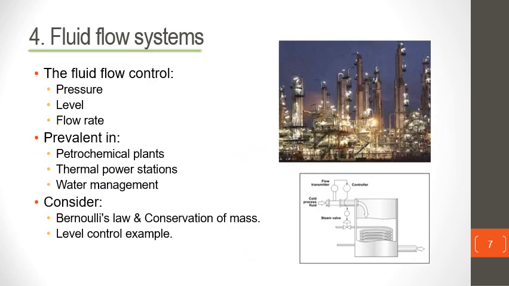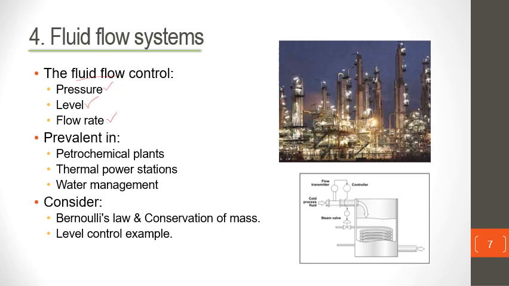If we look at the pendulum model, we will now turn our attention to fluid flow systems. There are a lot of control problems arising from fluid flow. They could involve controlling of pressure, controlling of a level in a chamber, or controlling the rate of flow of the fluid itself.